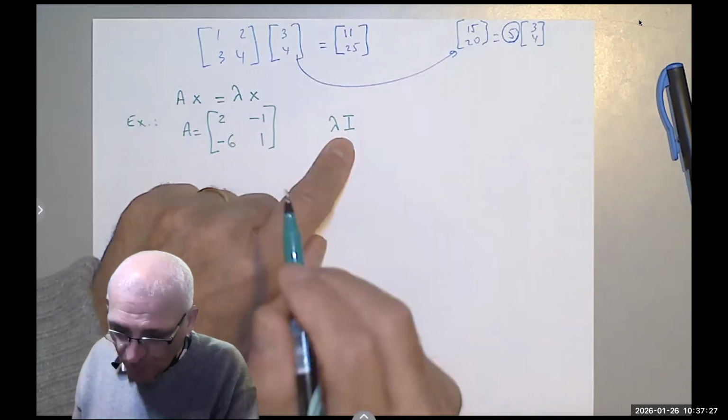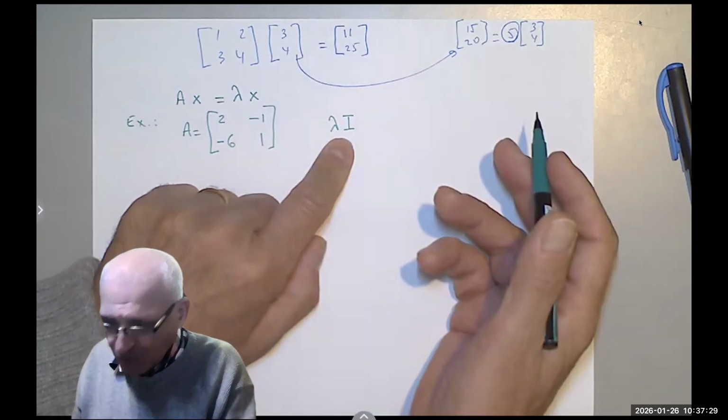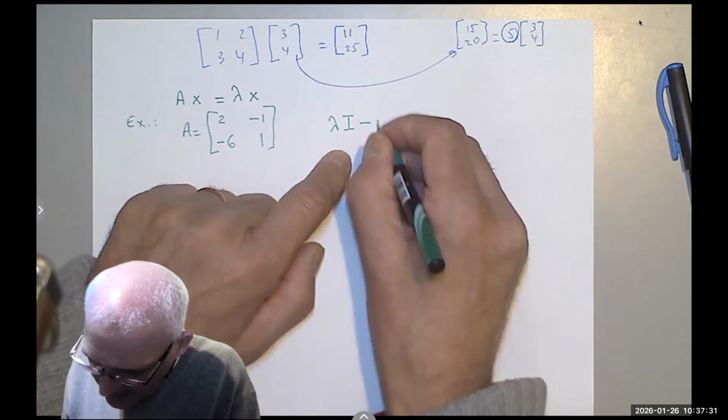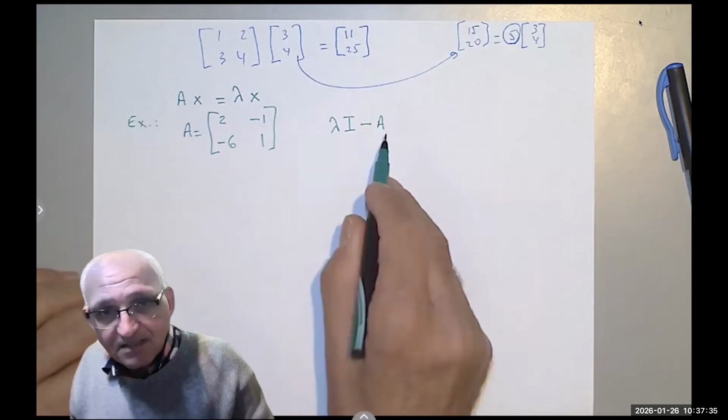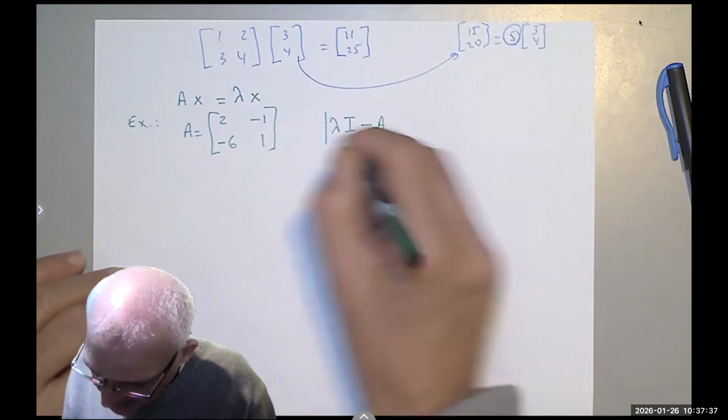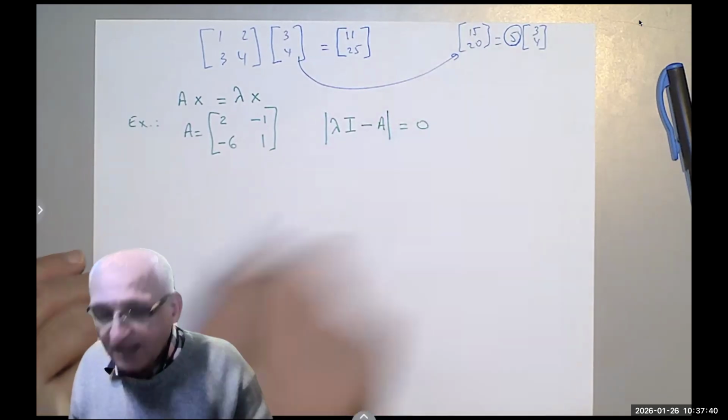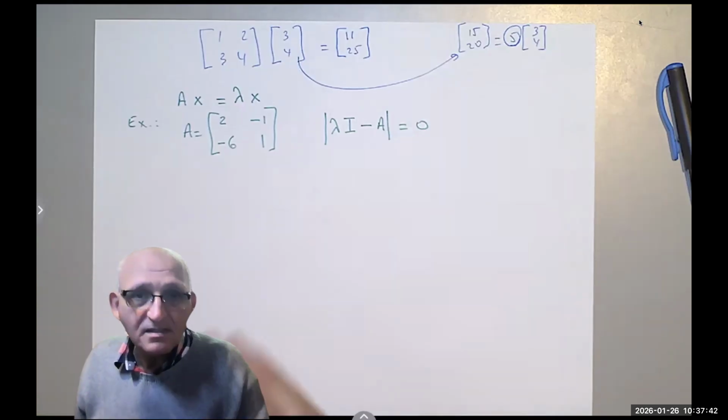And since this is a 2 by 2, this is, of course, I2. I create this matrix, lambda I minus A, take the determinant of that, equate it to 0 and solve. That will give me the lambdas.